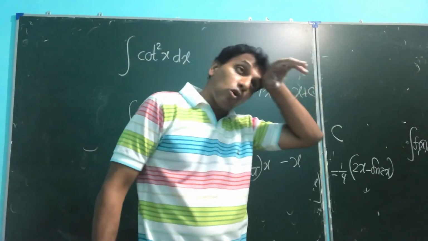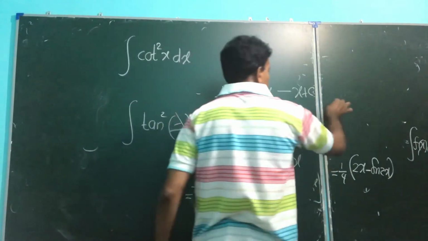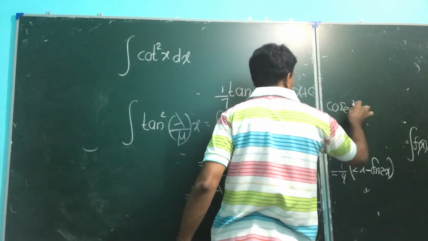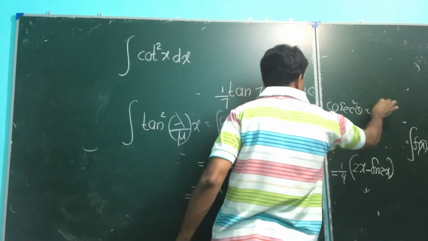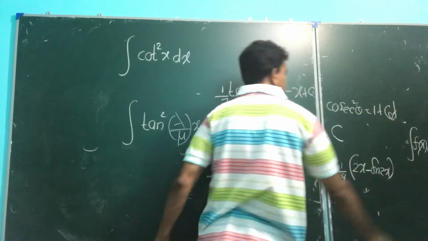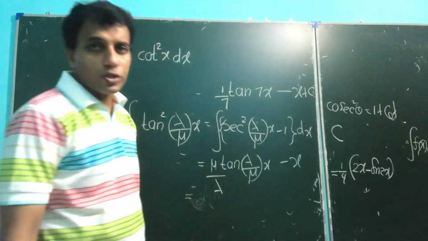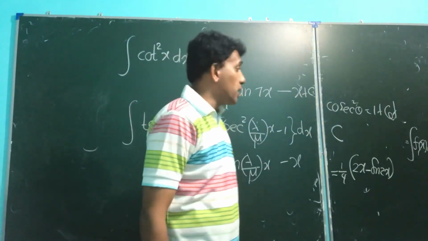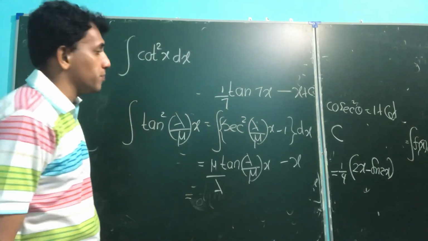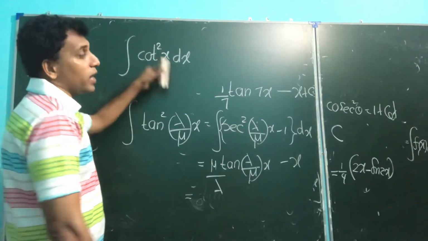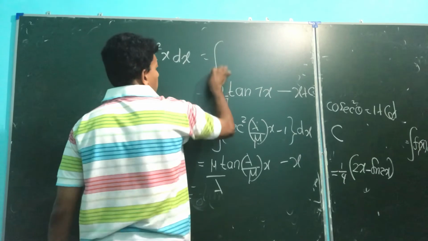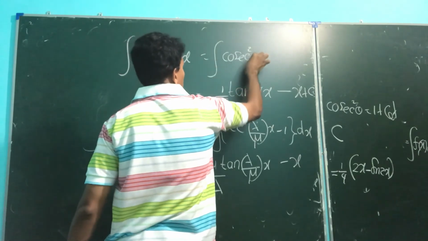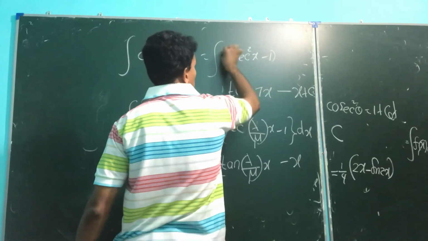Like that, we have cosec square also. What is cosec square? Cosec square theta is 1 plus cot square theta. So what is cot square therefore? Cosec square x minus 1.